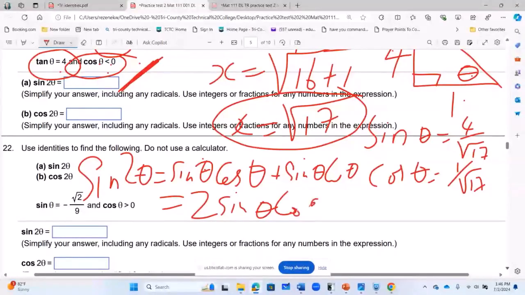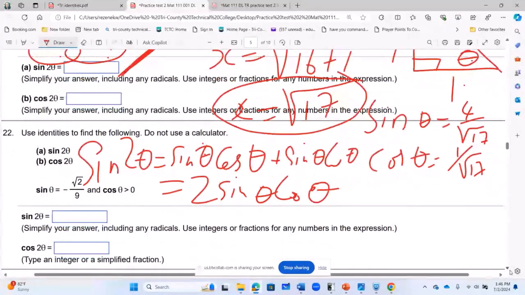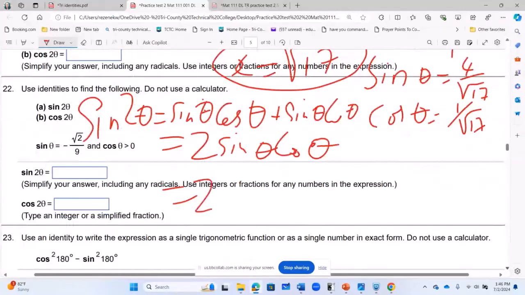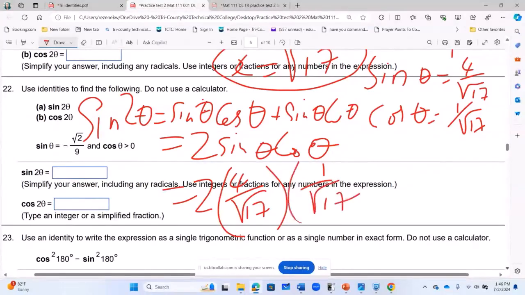Well, I already know the value of sine. I know the value of cosine. I just have to substitute. So whichever method is easier for you. So my sine theta is 4 over root 17. My cosine theta is 1 over root 17. And then I got to simplify. If I'm told to leave my answer in exact form, by all means I will.